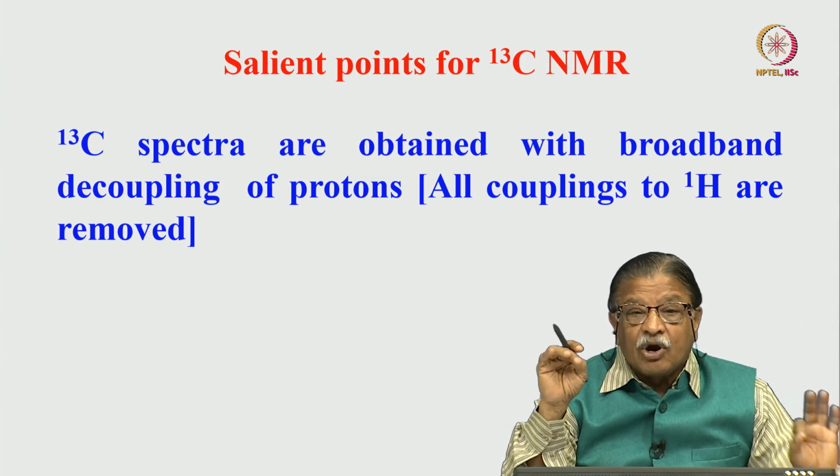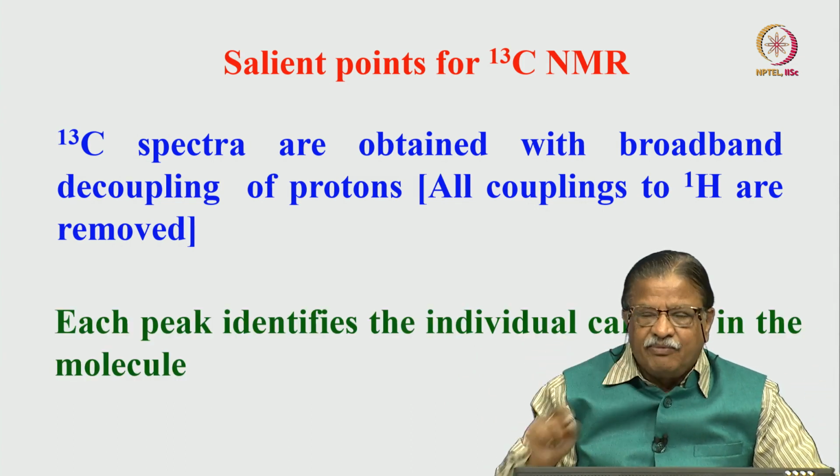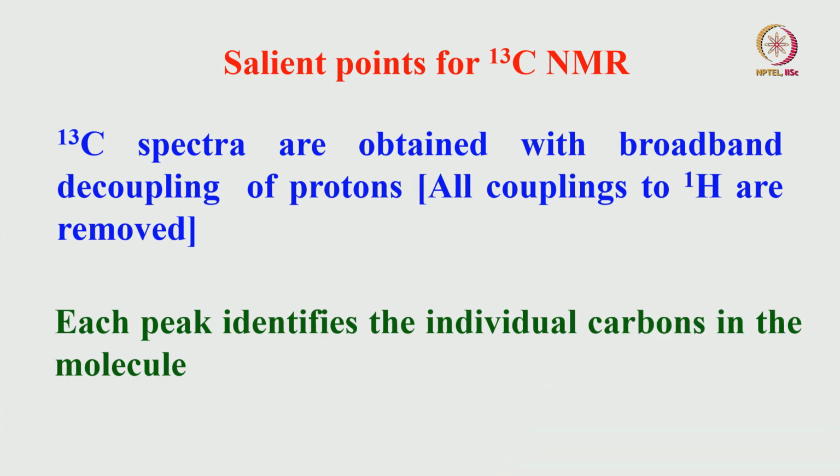This is called broadband decoupling. This is a very important point, otherwise the spectrum would have been very complex. The result is that each peak corresponds to an individual, chemically inequivalent carbon present in the molecule. So, if I have 10 peaks in the carbon-13 NMR spectrum, there will be 10 carbons in the molecule, that is all, very easy. Each peak identifies a particular carbon in the molecule because of broadband decoupling.